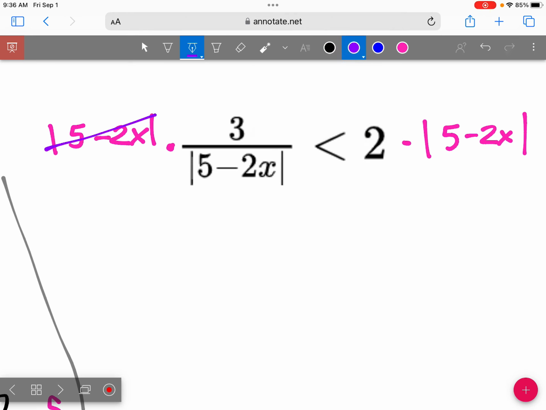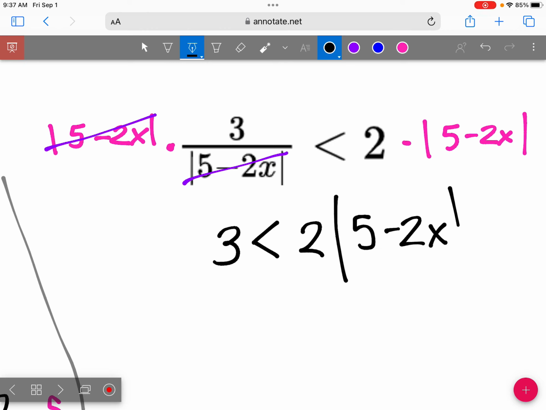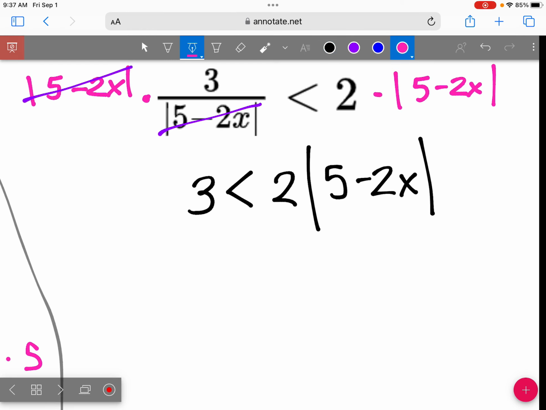So this piece and that piece are going to cancel out, leaving us with 3 is less than 2 times the absolute value of 5 minus 2x. What do I need to do next? Divide by 2. You have to get the absolute value by itself before we try and split it into cases. So this 2 cancels out.